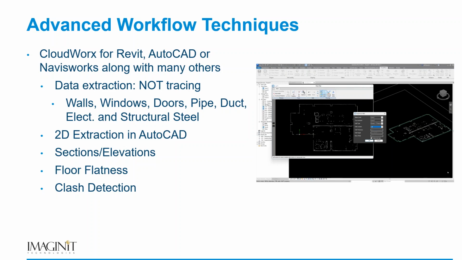So it takes a giant leap forward: instead of a manual process to recreate this data, we're now utilizing software to algorithmically extract it and give us a better product.